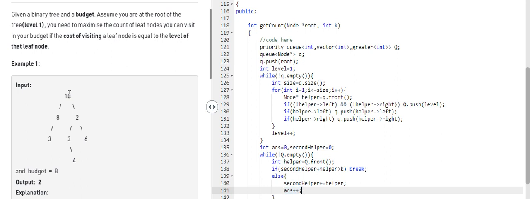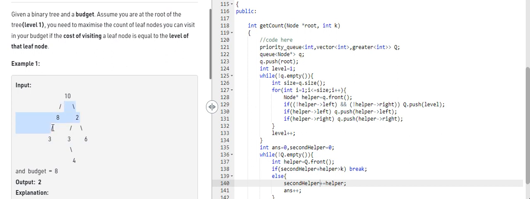Then we visit another leaf node which has minimum cost. Here we check second helper, right now 3 plus 3 is 6. Is 6 more than 8? No, so the condition will be false. And then second helper also adds this cost again. So second helper has the total cost for reaching, 3 and 6.